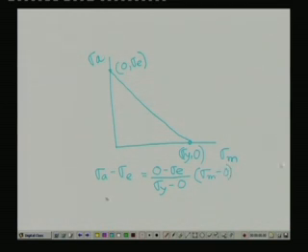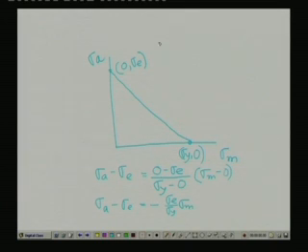If you simplify, this comes out to be sigma A minus sigma E equals minus sigma E by sigma y into sigma m.